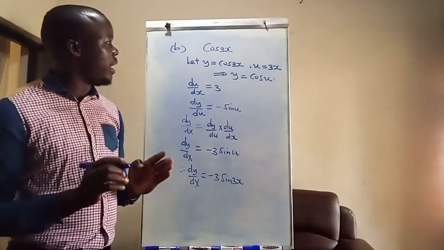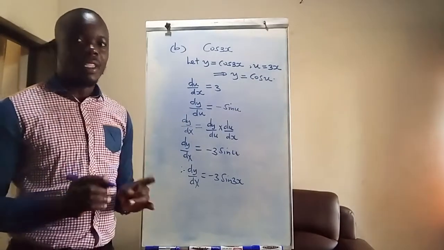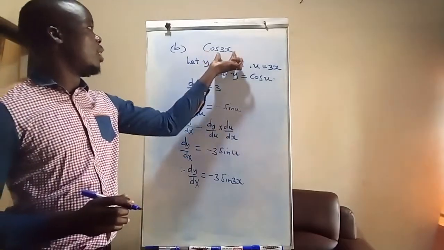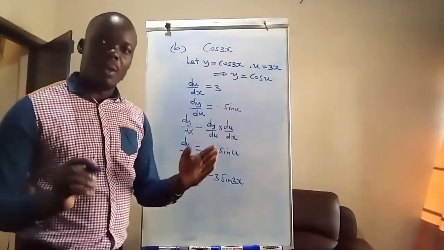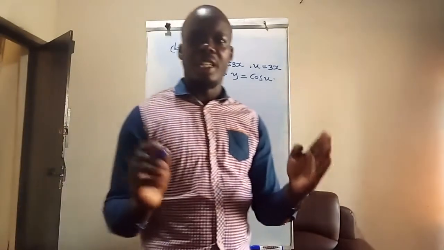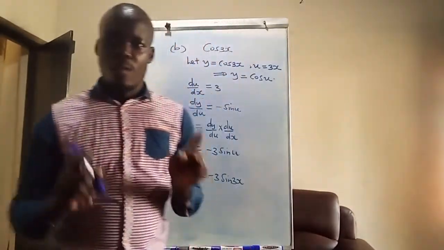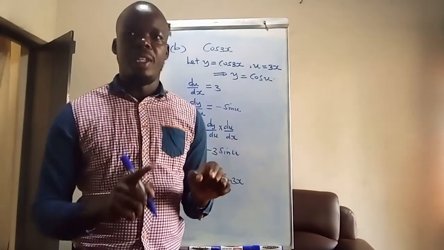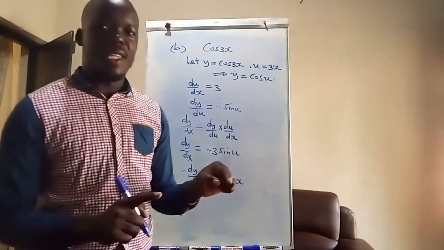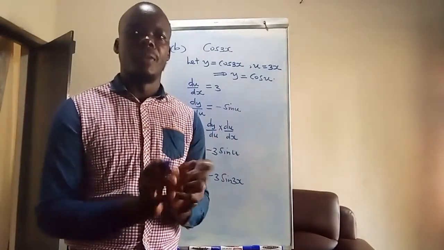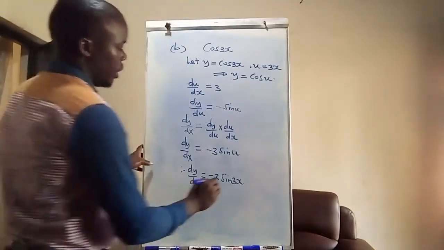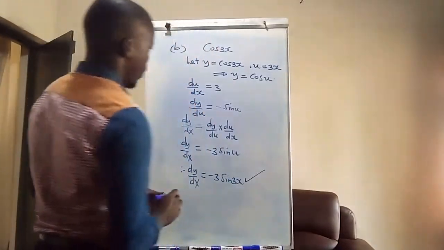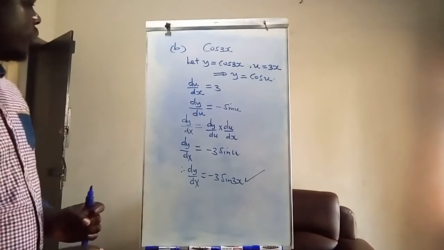Where does the 3 come about? The 3 comes from the derivative of the angle. So we conclude that when you're differentiating any trigonometrical function, first differentiate the angle, then the derivative of the angle is multiplied by the derivative of the trigonometrical function. So this becomes our dy dx. Let us move on to part C.